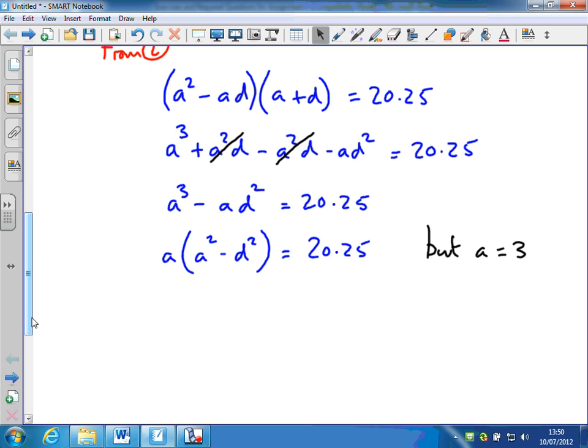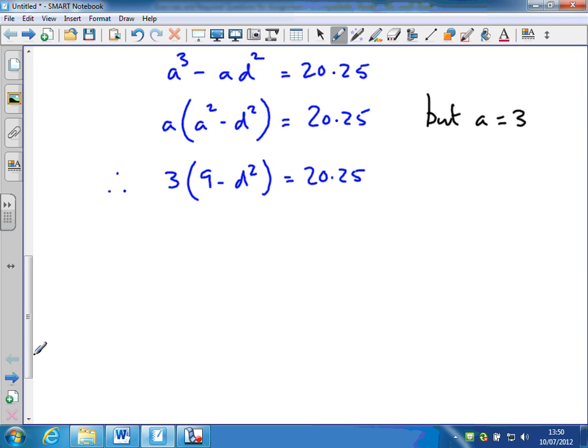So therefore we can put that into here. We can say that therefore 3 times 3 squared, which is 9, minus D squared equals 20.25. So now we can divide both sides by 3. 9 minus D squared equals 20.25 divided by 3.